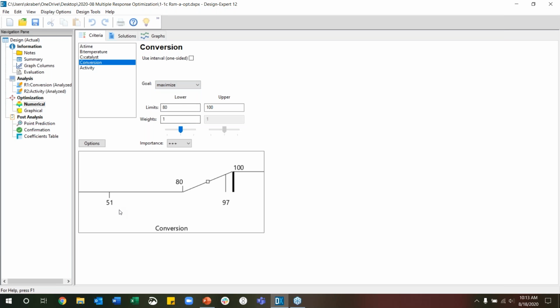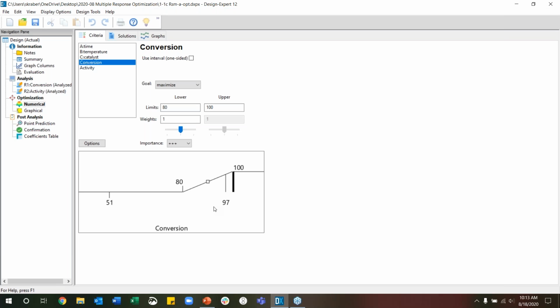The other default in there is that the limits are set to the ranges of the response. So the lower limit was originally set to 51 and the upper limit was originally set to 97. Now, these limits come in as the default, but they are rarely what you want to leave.